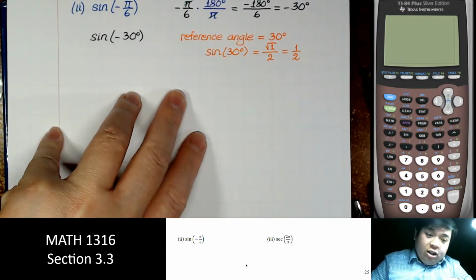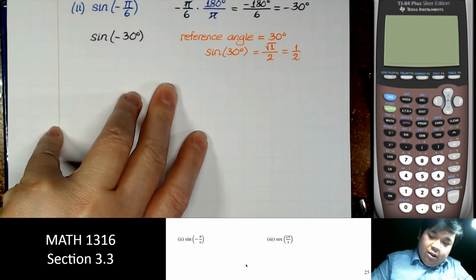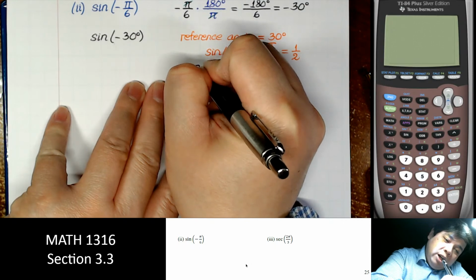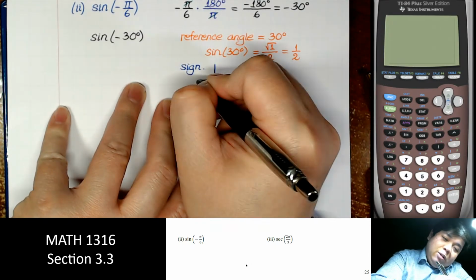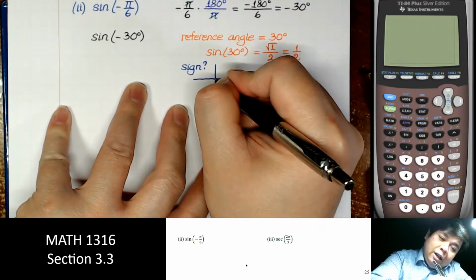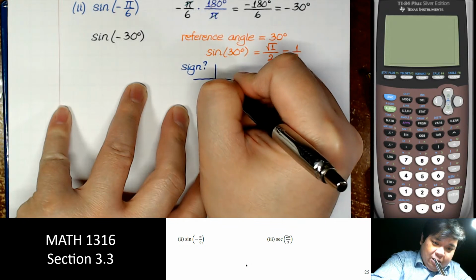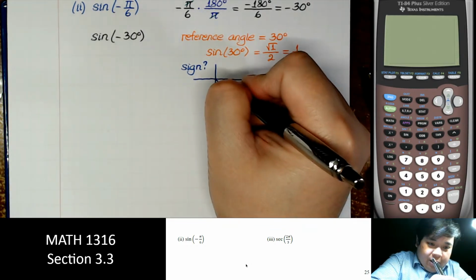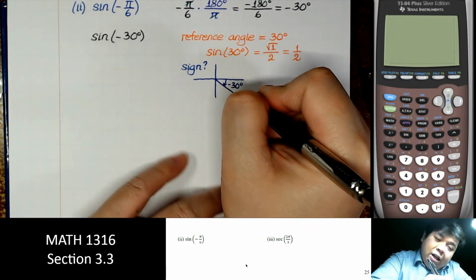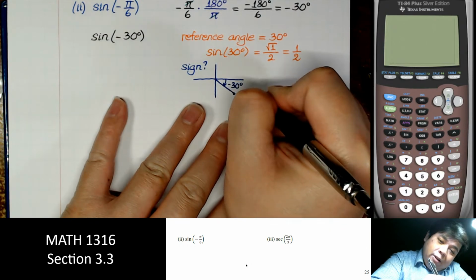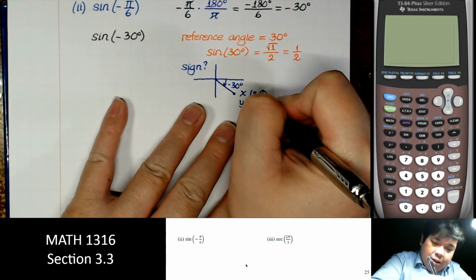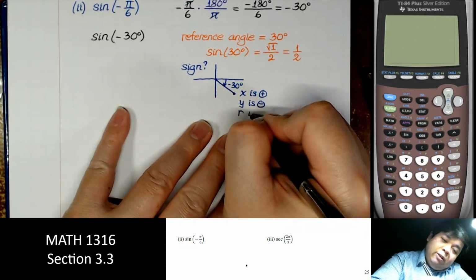Next we determine the sign. Is that positive or negative? Right. Negative 30 degrees is in here, right? And if the point is in here, x is positive, y is negative, but r is always positive.